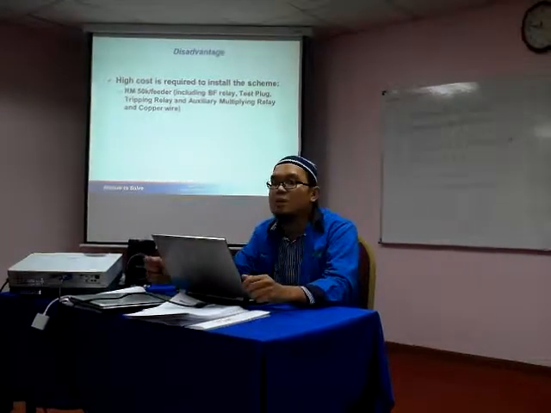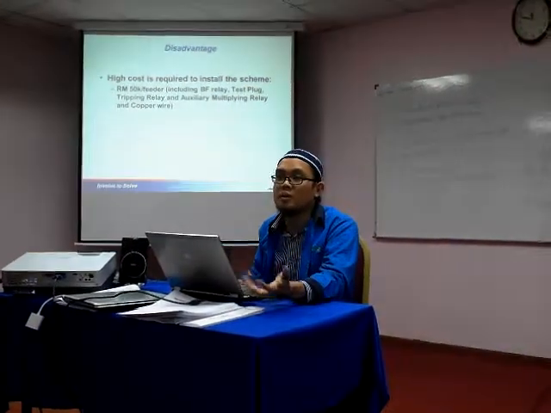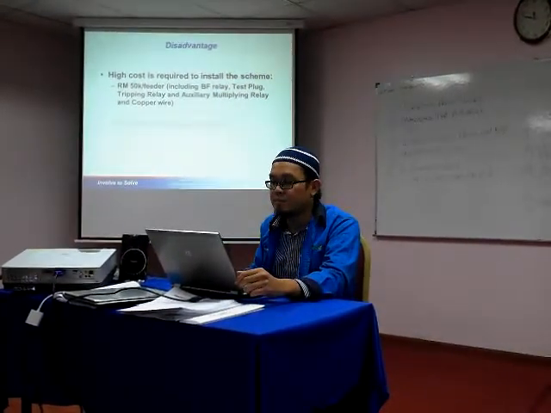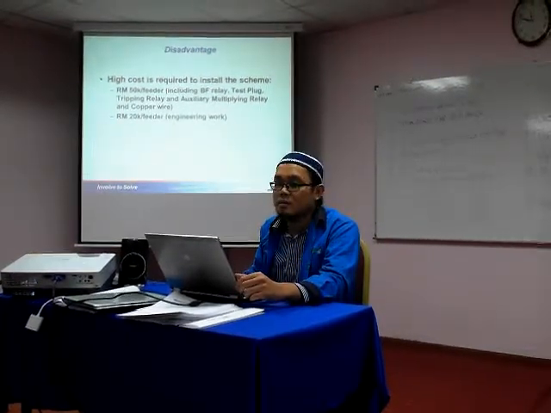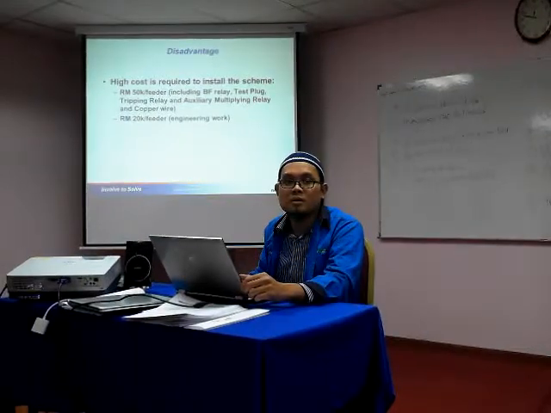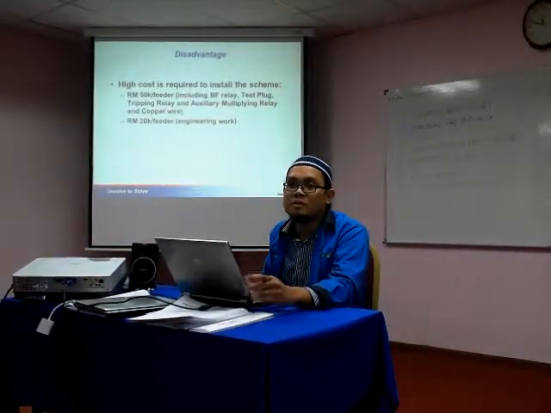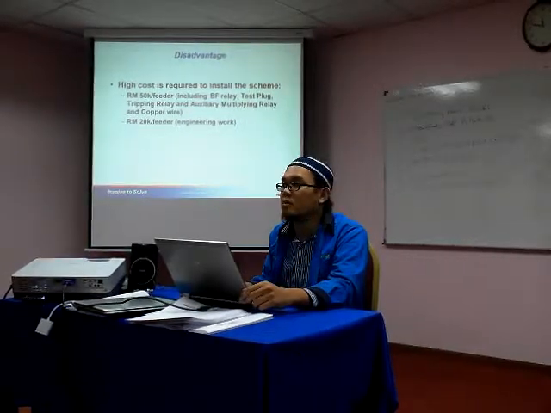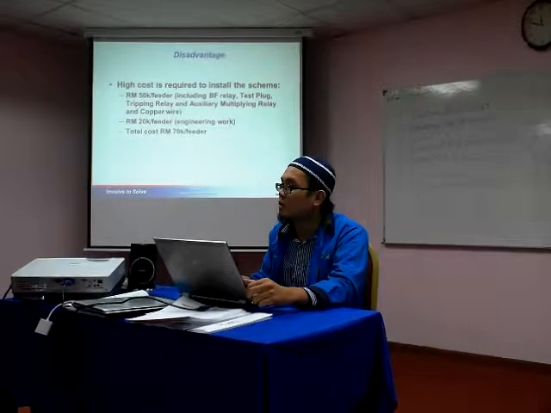So many components for the conventional scheme. And then for the engineering work, we have to spend about 20,000 per feeder. Imagine if we have 16 feeders in one section, how much we have to spend to install the scheme.